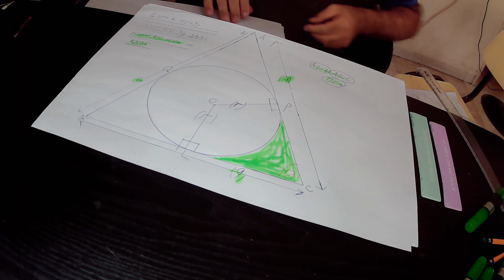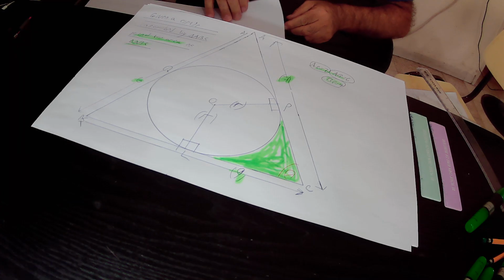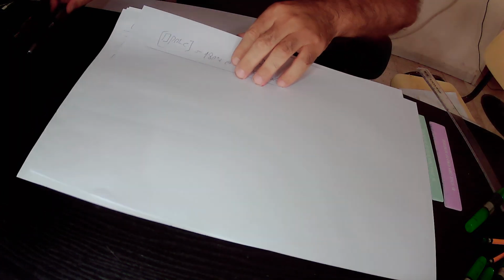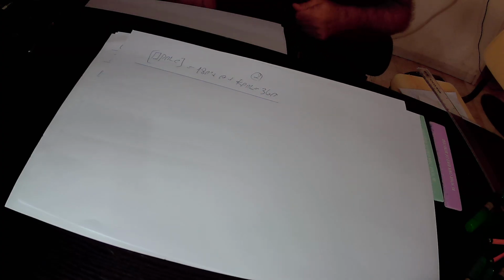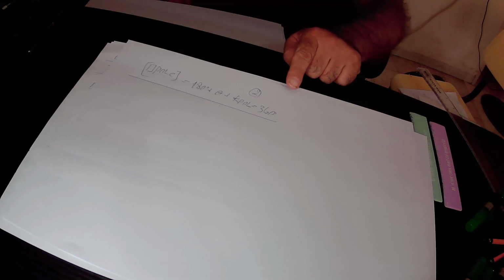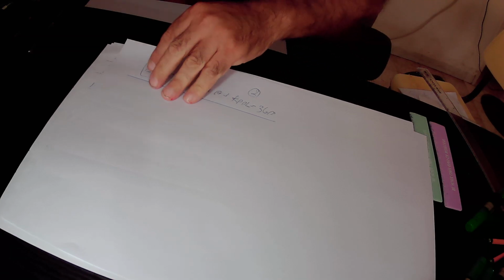Repeat again. In quadrilateral POLC, the sum of the angles must be equal to 360 degrees. That is to say, 180 degrees plus angle theta plus the missing angle POL, in total must be equal to 360 degrees. Here we subtract 180 degrees from this equation.